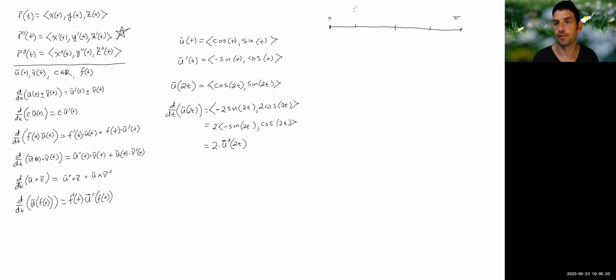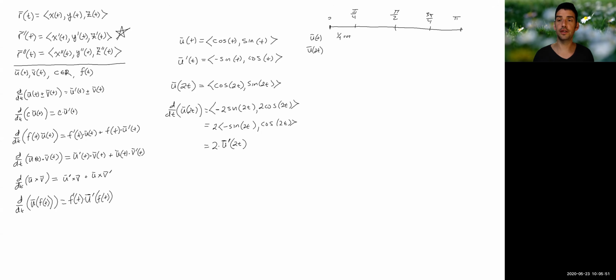So we've got pi over 4, pi over 2, 3 pi over 4, and pi. All right, so these are t values, right? So let's think about these two functions, the composition and the original. When t goes from 0 to pi over 4, u of t does a quarter rotation.